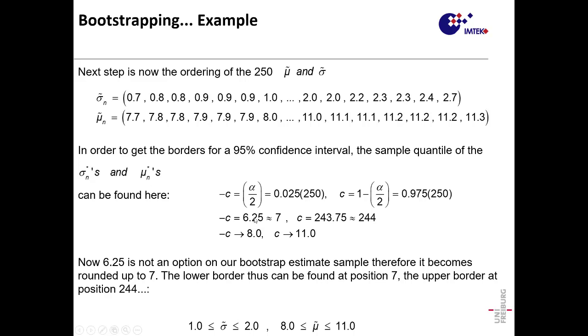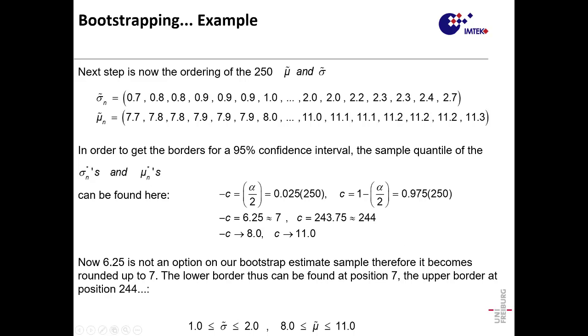So if you multiply this, you will get that you should be in the lower part 6.25 and in the upper part 243.75. Since they are discrete, you have to choose the next one. So you cannot be a decimal point, you have to be an integer, right? So it will be 7 and 244, okay?